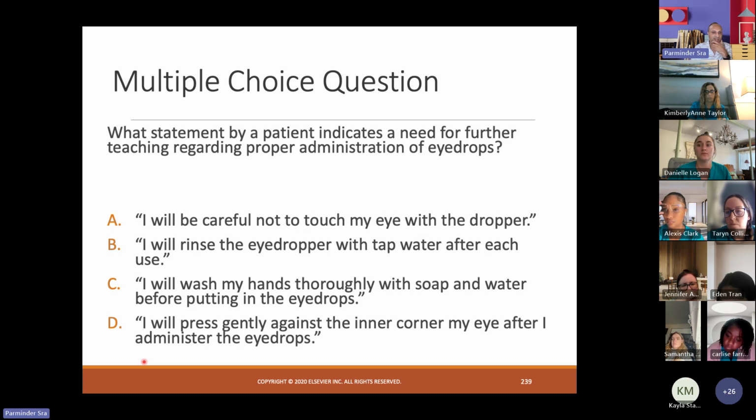Okay, great job. B, yes, because it's important to maintain the sterility of the eye drop container. It should not be rinsed with the tap water.